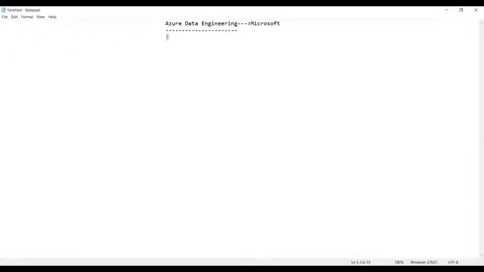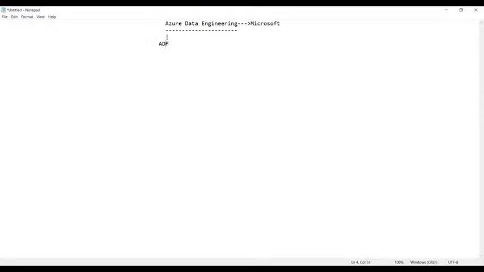Here we don't say it is a product, and we don't say it is a software. Here it is called a service. The first service within this Azure data engineering is ADF.